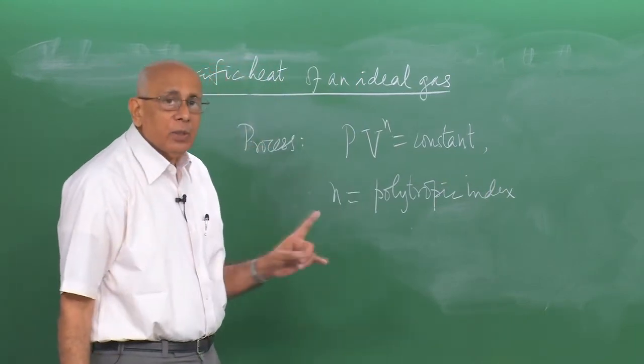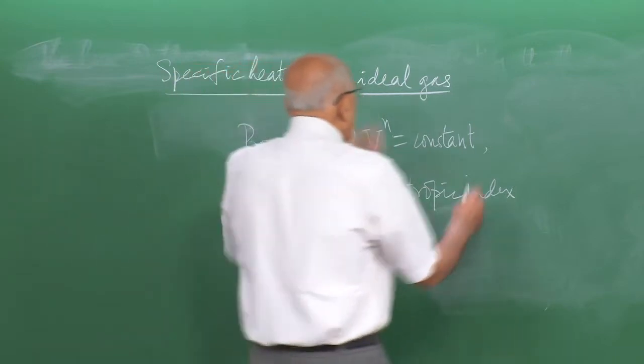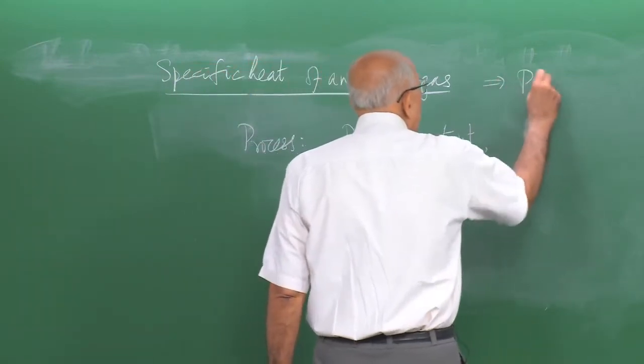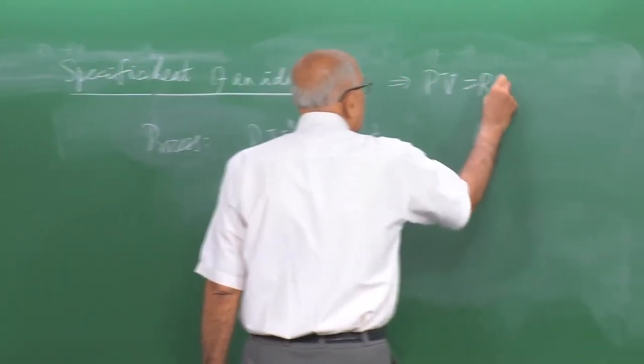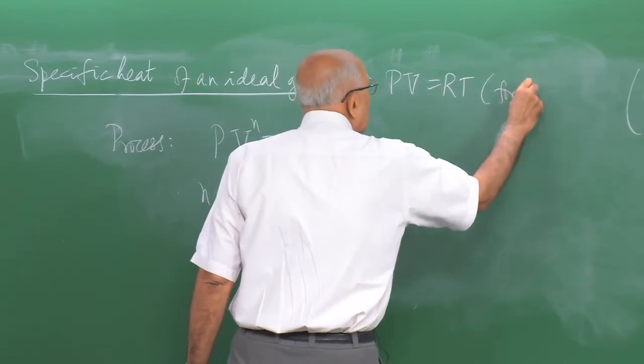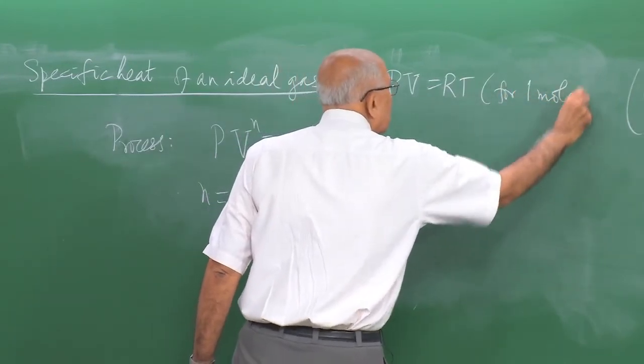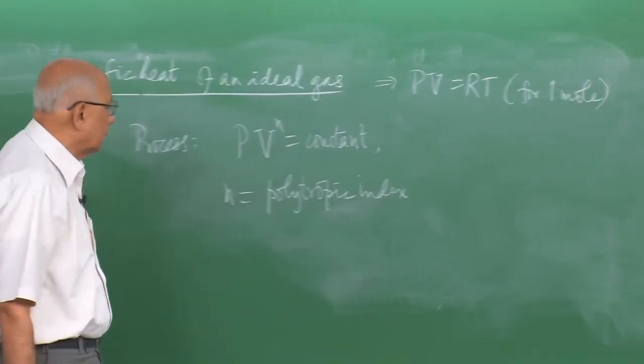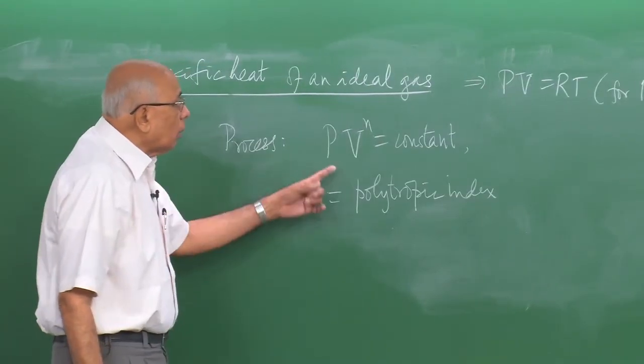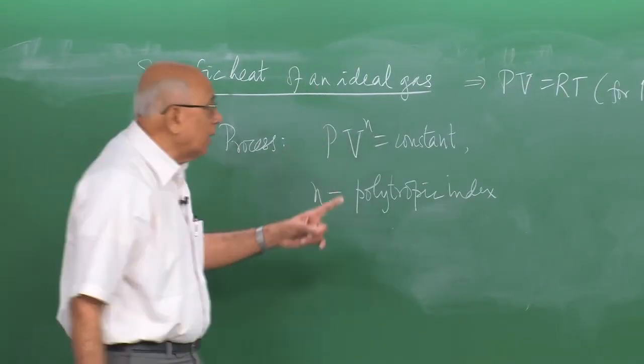All the while the equation of state is still valid. So, an ideal gas implies that Pv equals RT for 1 mole. I am now looking at what happens when Pv to the n is constant.